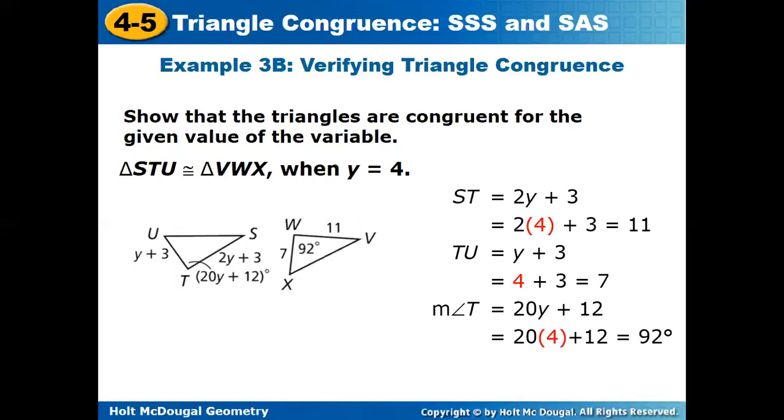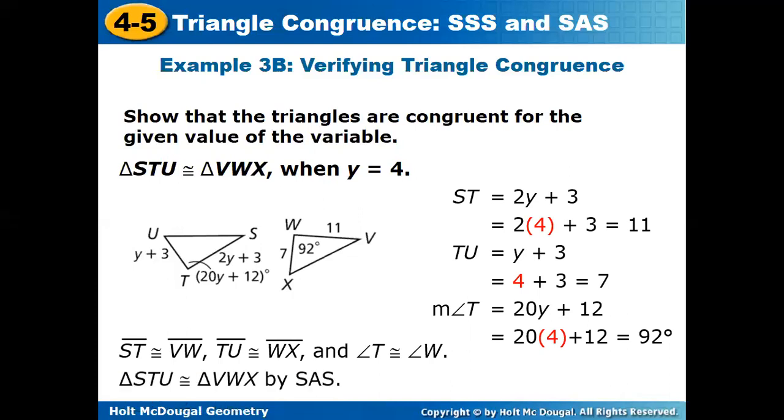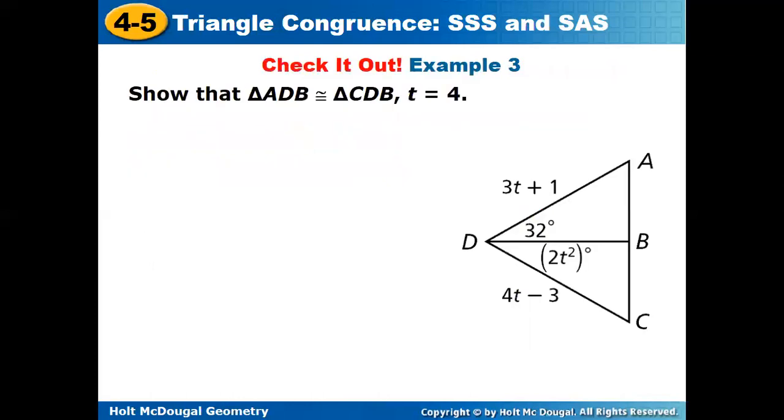The next step, we will compare the two triangles to prove that they are congruent. ST is congruent to VW, and TU is congruent to WX, and angle T is congruent to angle W, so triangle STU is congruent to triangle VWX by SAS.